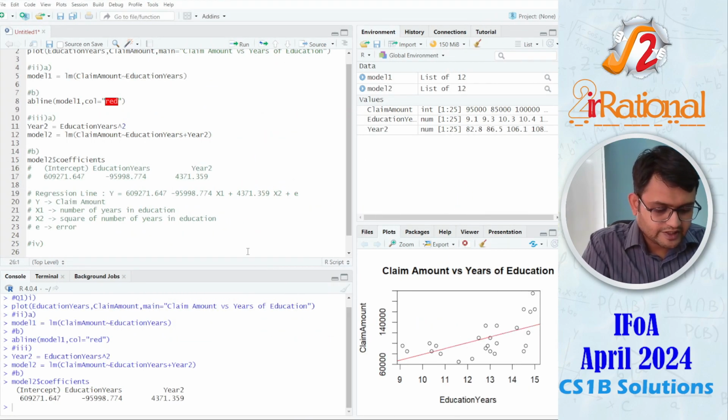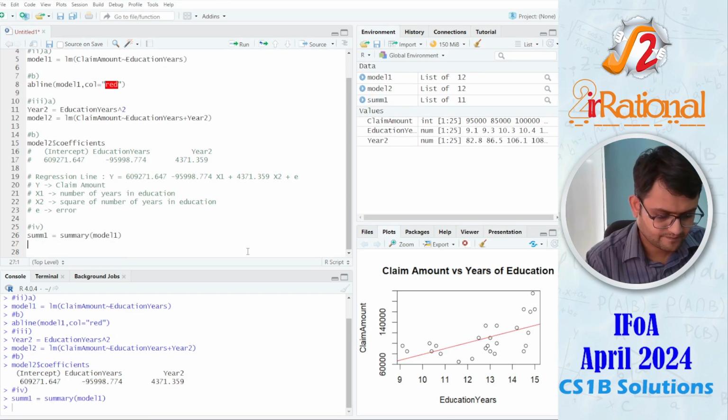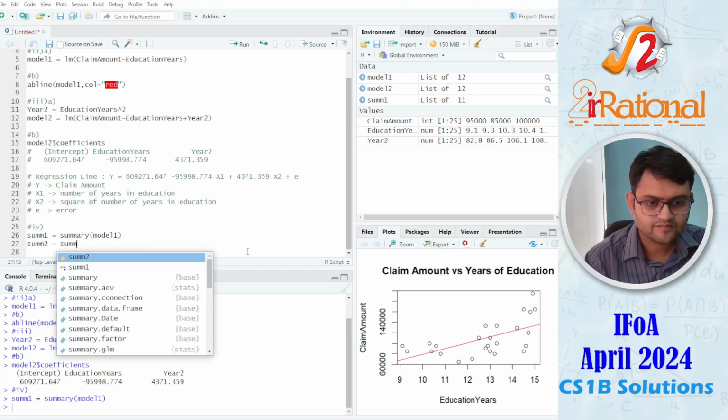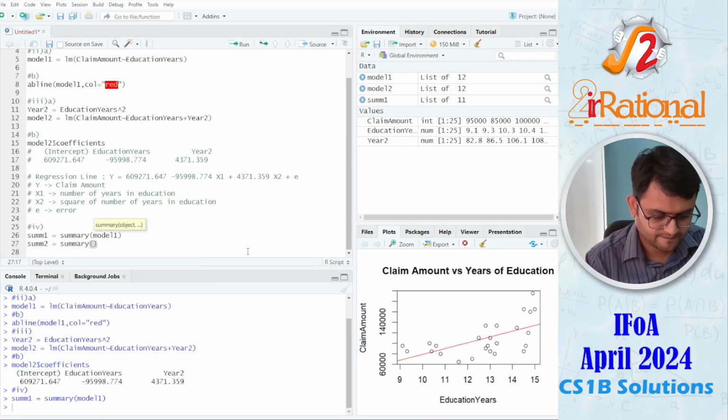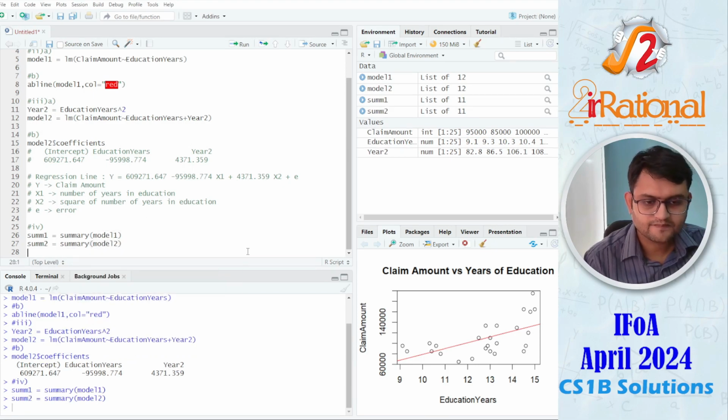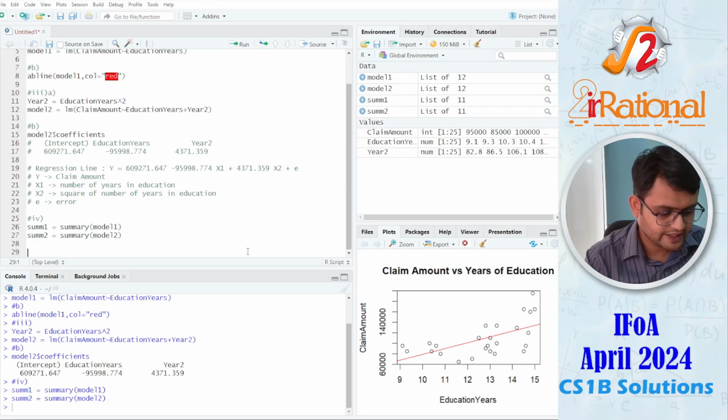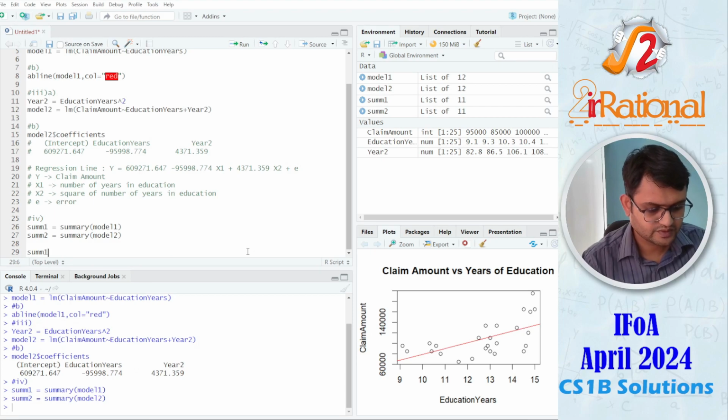For comparing multilinear models, we are going to require the adjusted R squared. So first I want the summary of both the models. And using that summary, I'll calculate the adjusted R squared for both of them.